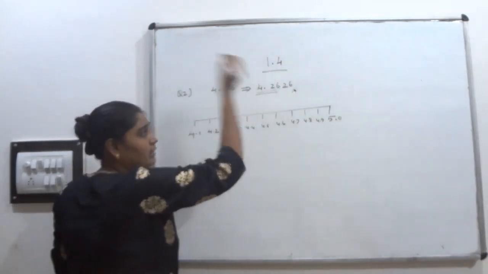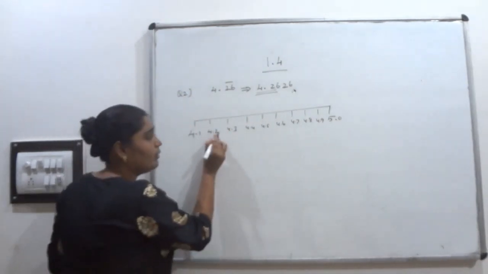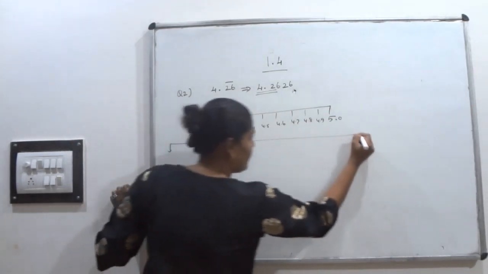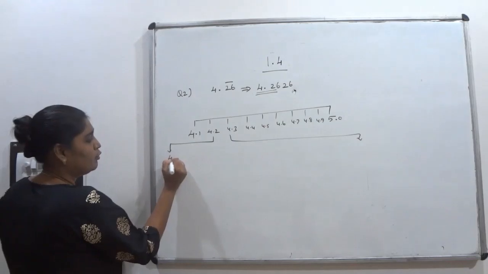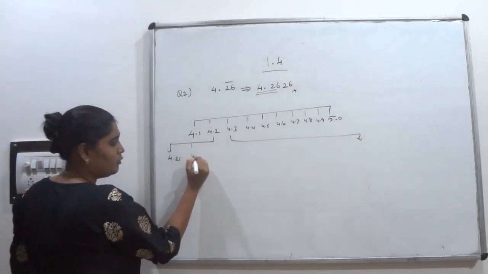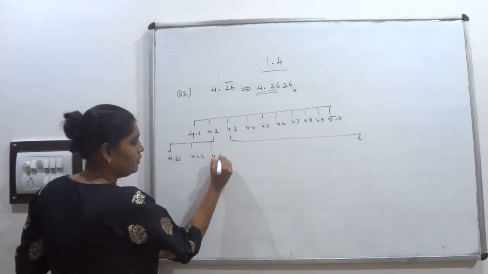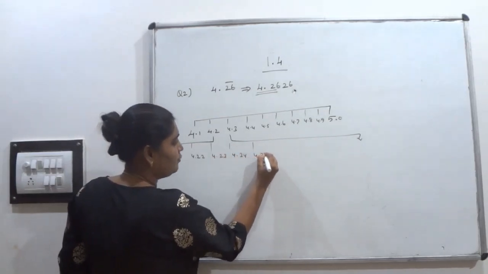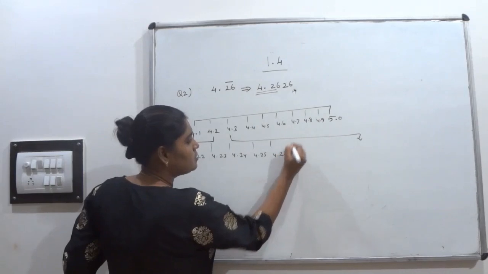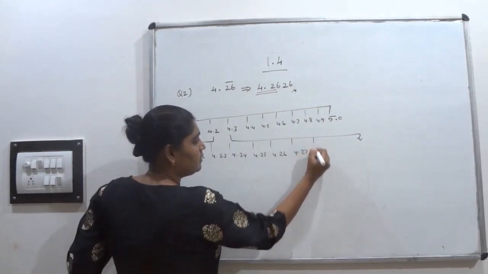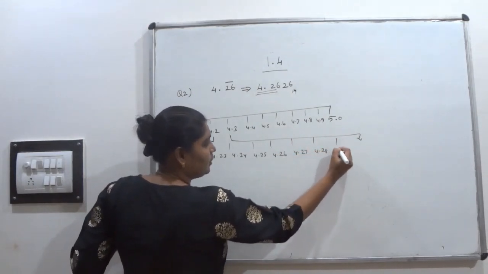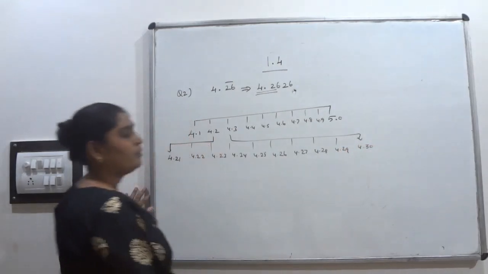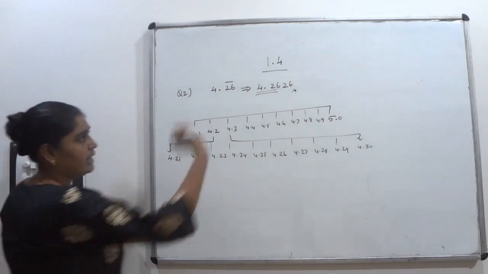See, after 2 what is there? 6. So 4.2 to 4.3. So write it: 4.21, 4.22, 4.23, 4.24, 4.25, 4.26, 4.27, 4.28, 4.29, 4.30. Yes.